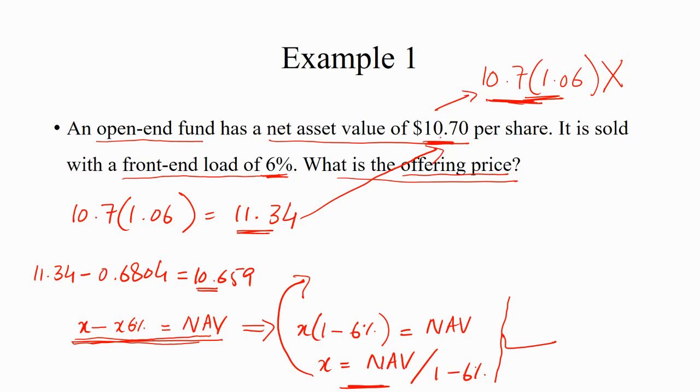So you can see I did not get back my net asset value of 10.7. Though it is close, it is still not exact. That is why it is wrong to follow this method of just increasing the NAV by the load percentage.